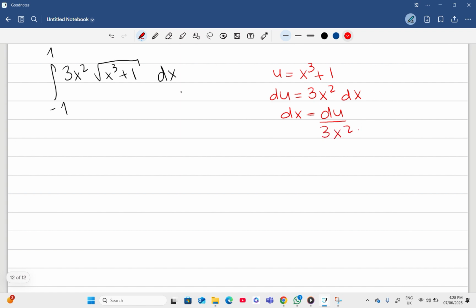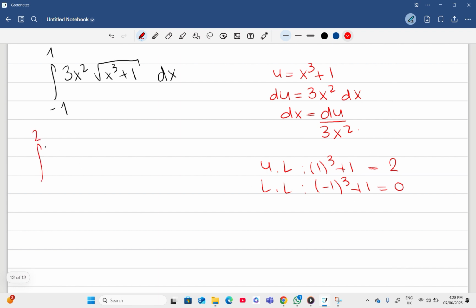Now I'm going to find my new upper limit and my new lower limit by substituting these into my u. So I'm going to have 1 cubed plus 1, and I'm going to have negative 1 cubed plus 1. This is going to give me 2, and this is going to give me 0, so these are my new limits.